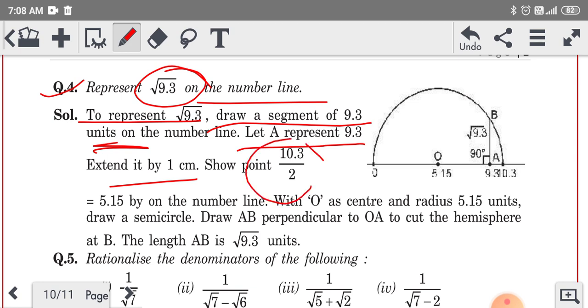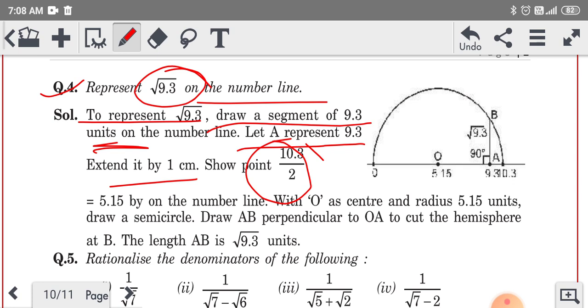Then show point, 10.3 by 2 is equal to 5.15.